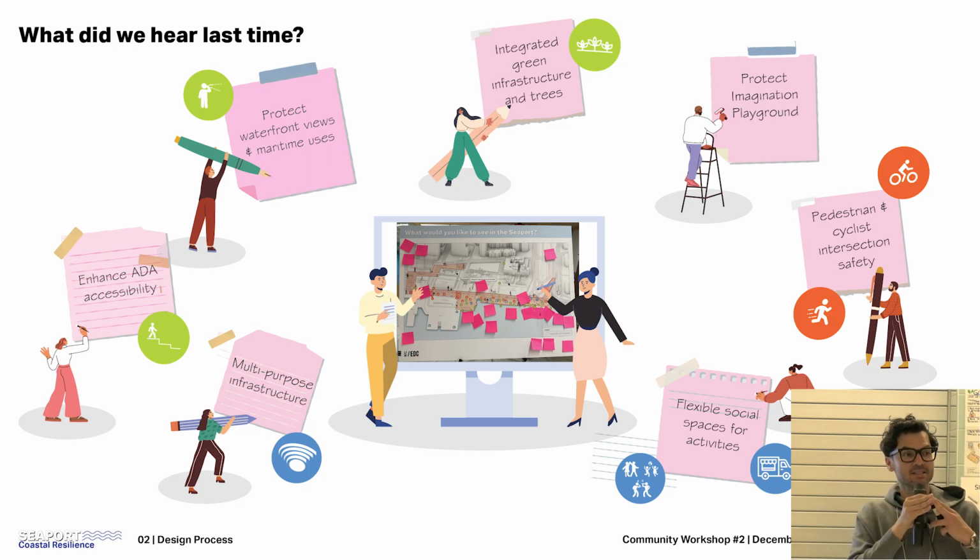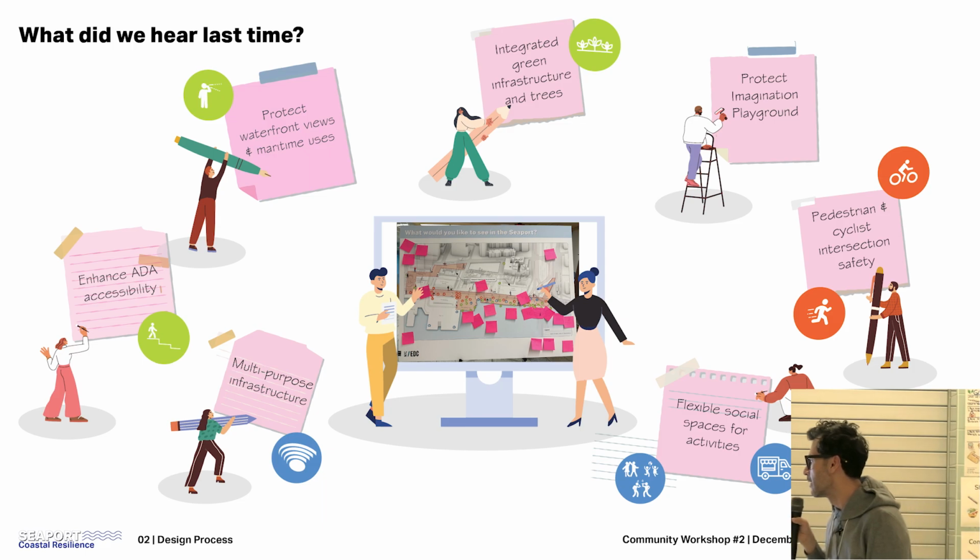Pedestrian and cyclist intersections. We have to keep our streets and our pedestrian movement safe. Provide ADA access and universal access everywhere. This is not a question of being selective. Maybe 20 years ago, we used to think about ADA and ramp access. Today, we're talking about universal access as a concept for placemaking, and that's something we take very seriously.